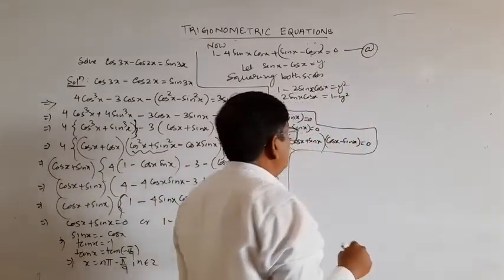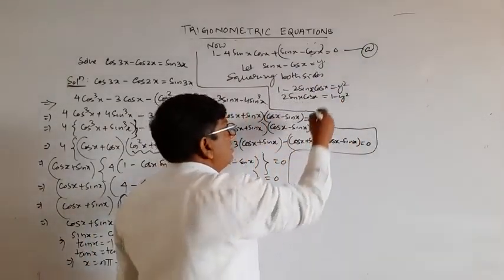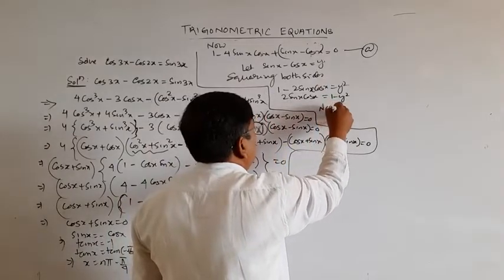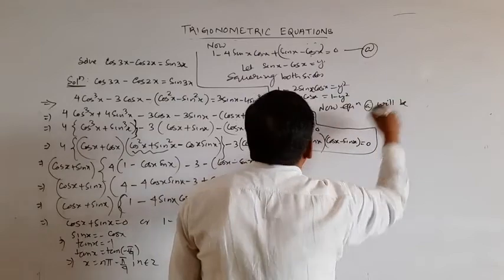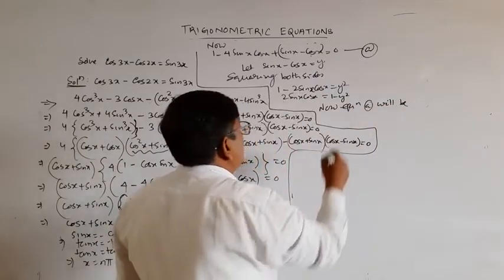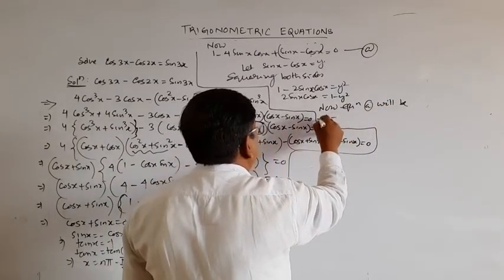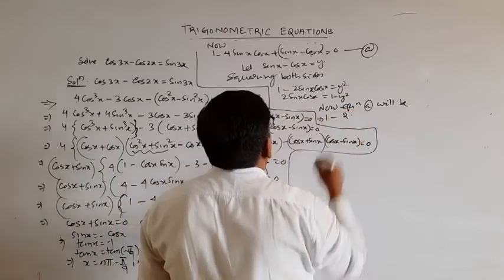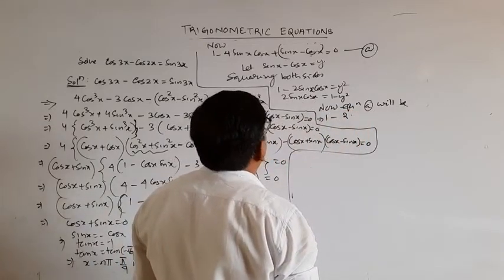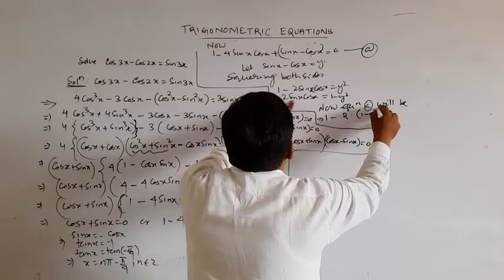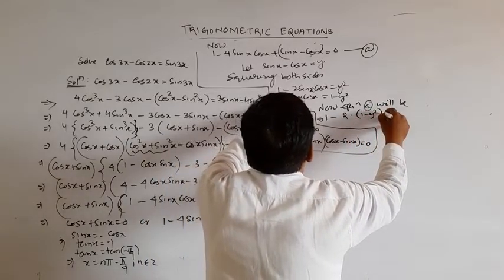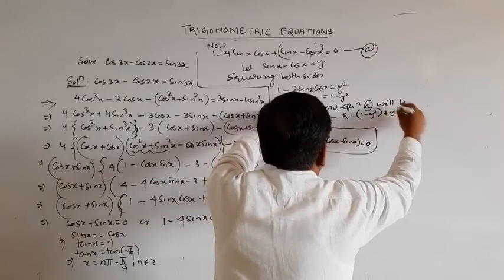Now equation A will be 1 minus 2 into 2 sin x into cos x, whose value is 1 minus y square, plus y is equal to 0.